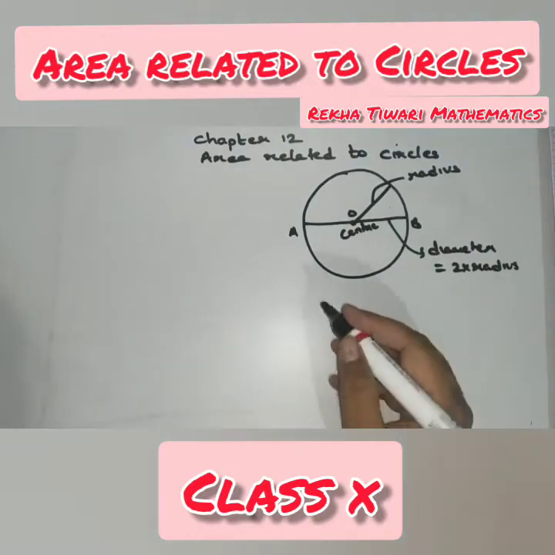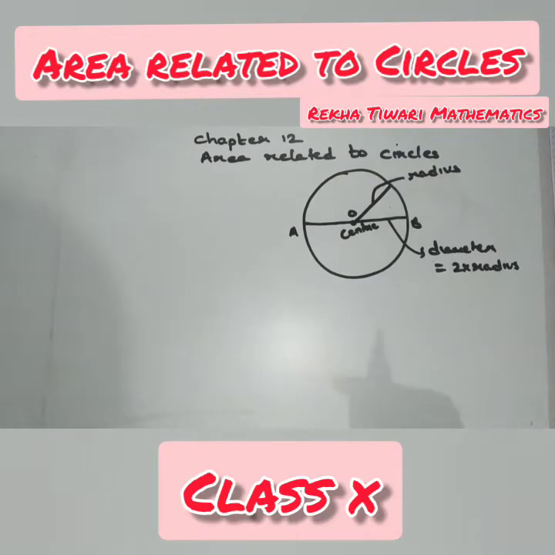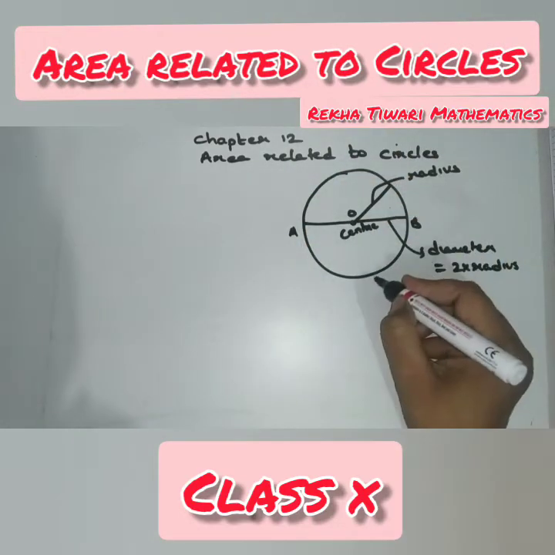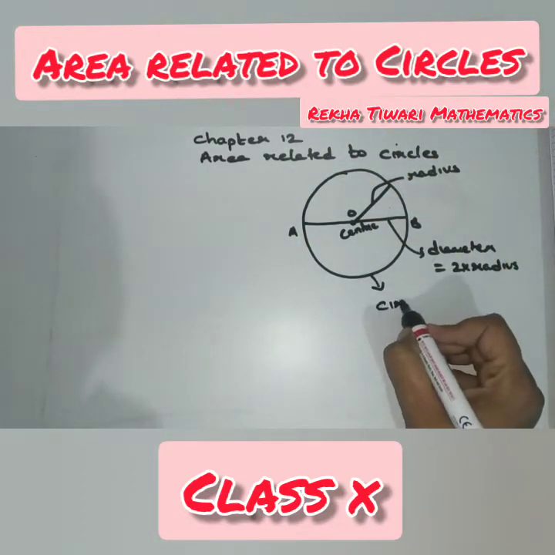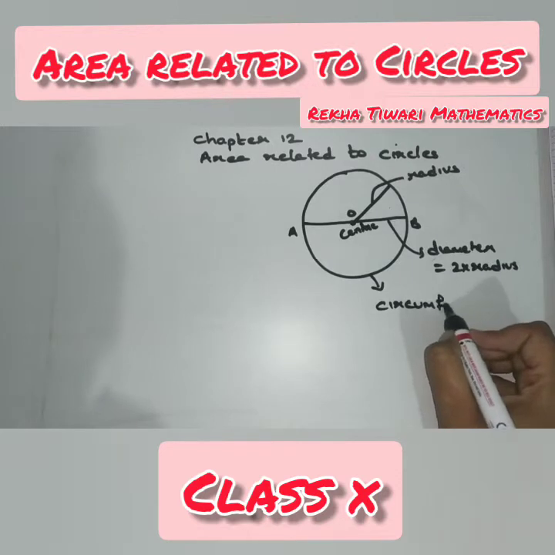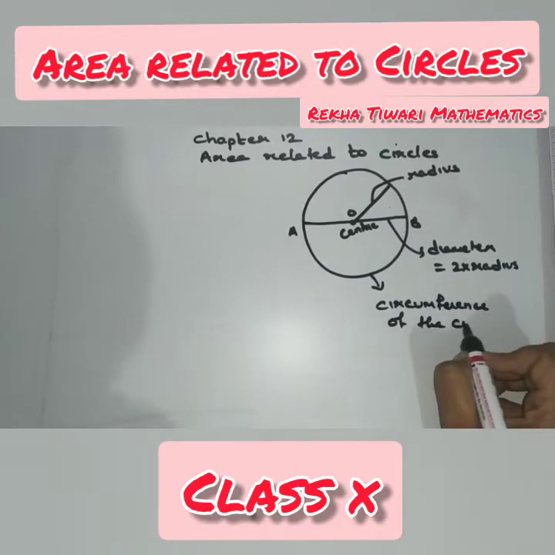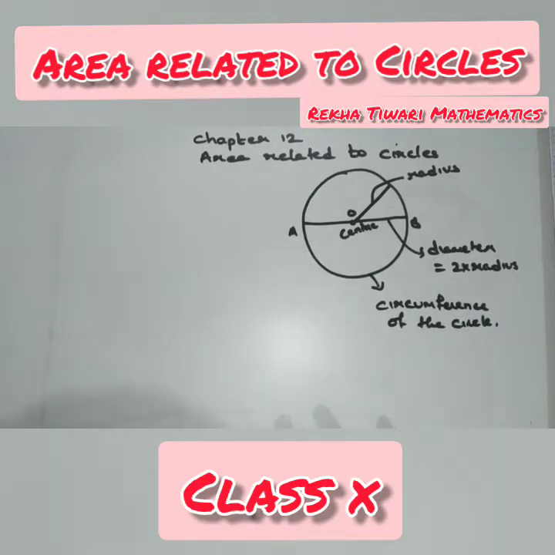Correct? Okay, let us read some more terms about the circle. This is the boundary of the circle, and what do you call the boundary of the circle? It is called the circumference of the circle. So this is the basic introduction of the chapter.